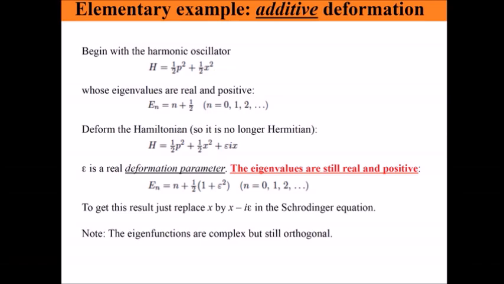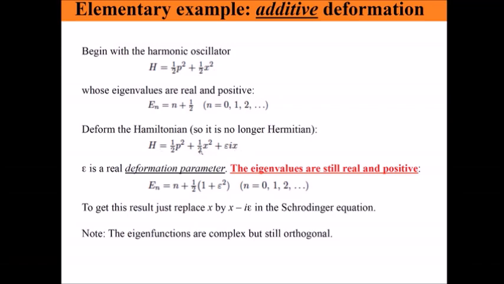Now, I'm going to deform this Hamiltonian by adding to the Hermitian harmonic oscillator something that is not Hermitian. And this is not Hermitian. You know, the term ix is not Hermitian. I'm going to put in a real deformation parameter that I'm going to call epsilon, okay? But what you will see is that the eigenvalues of this non-Hermitian Hamiltonian are still real and positive, okay?